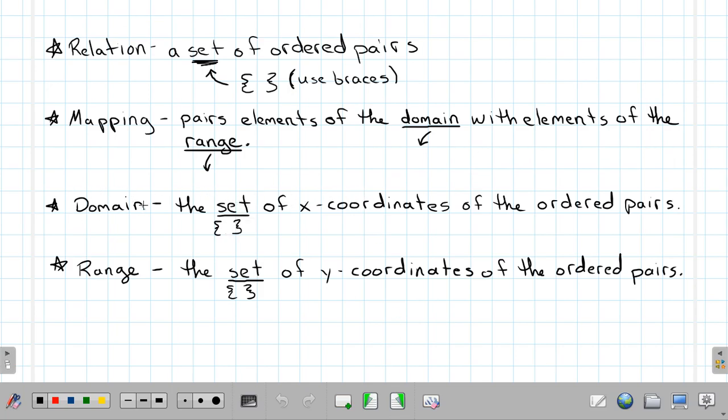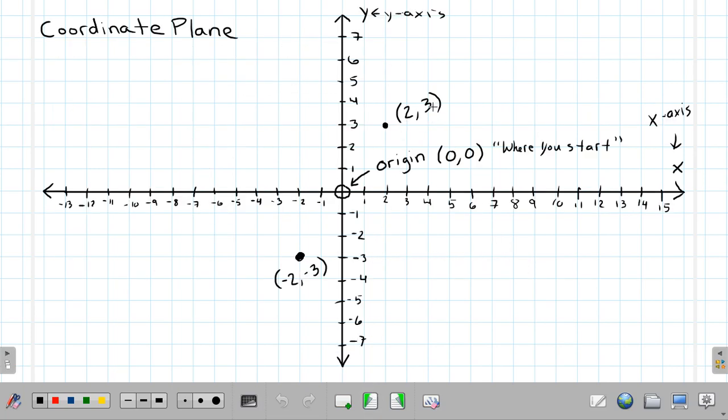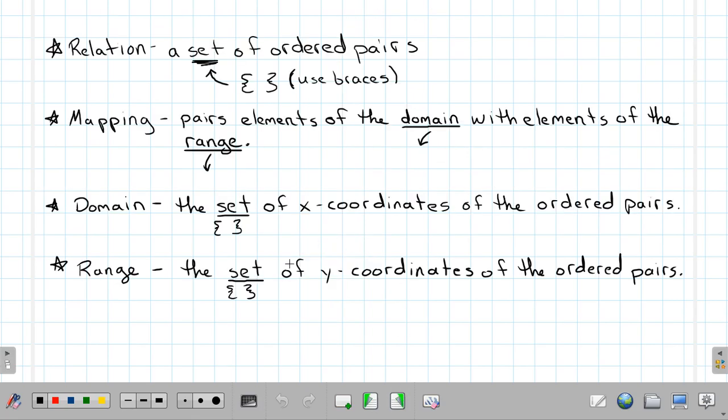That's what we call the domain. Well, if the domain is a set of x coordinates, then the range is what we're going to call the set, once again braces here, of y coordinates of the ordered pair. So in this case, we're looking at numbers like 3 and -3 here. So they're the y coordinates, once again, telling us how far up and down we go on the coordinate plane.